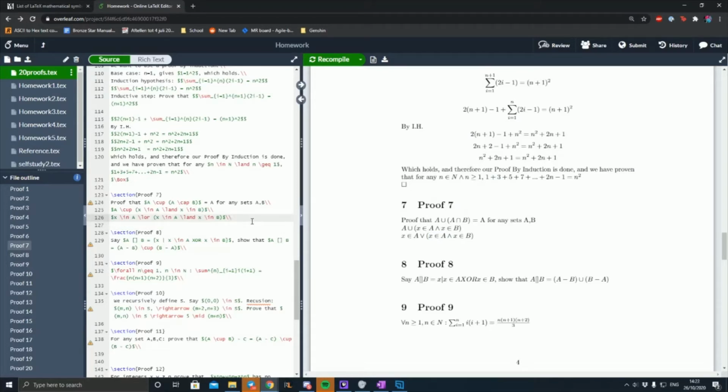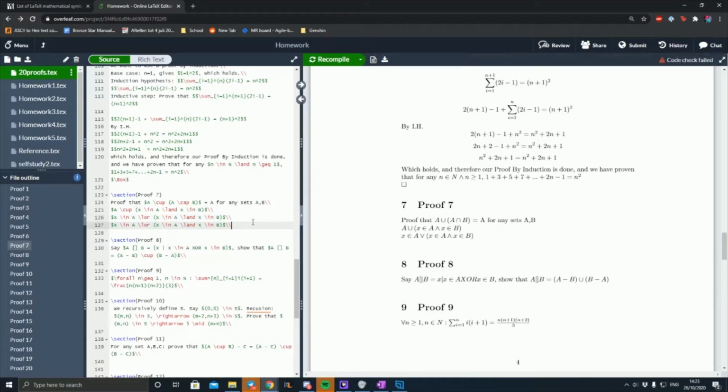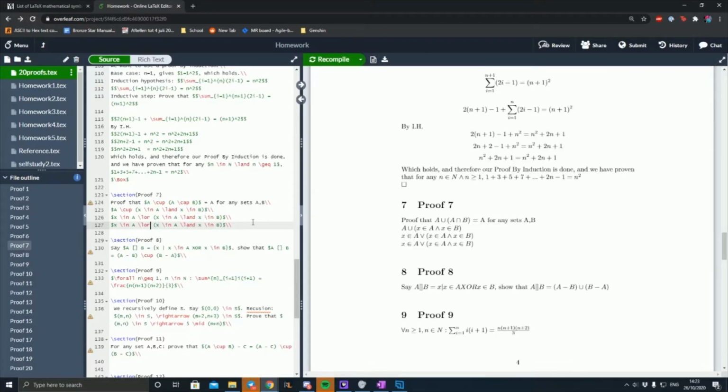The question is, how do we... You can do distributive law first and then say, okay, x belongs to A or anything else is always... Oh wait. Yeah, never mind, you get the same thing back.